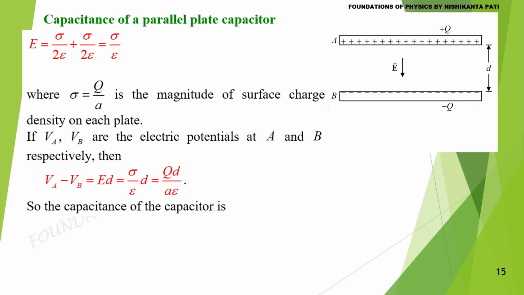Fringing means the electric field just outside or at the edges of the plates; the field at the edges of the plates is like this, and similarly on the right side also. This is called the fringing effect. If you ignore the fringing effect, then we assume the electric field between the two plates is nearly constant.